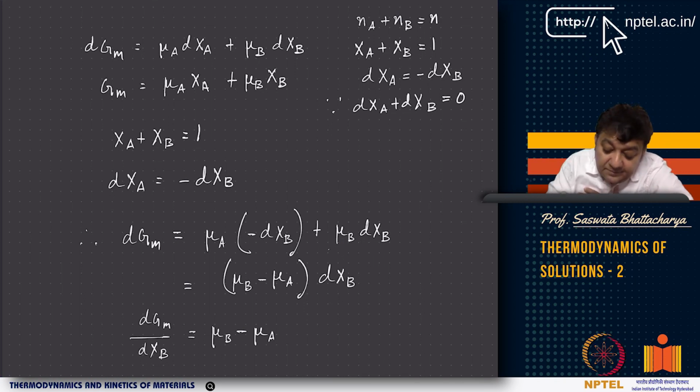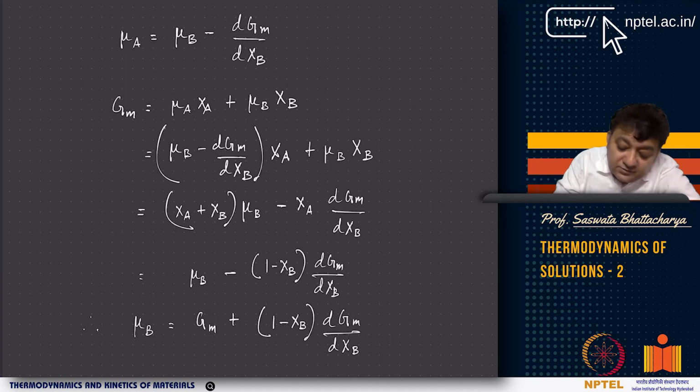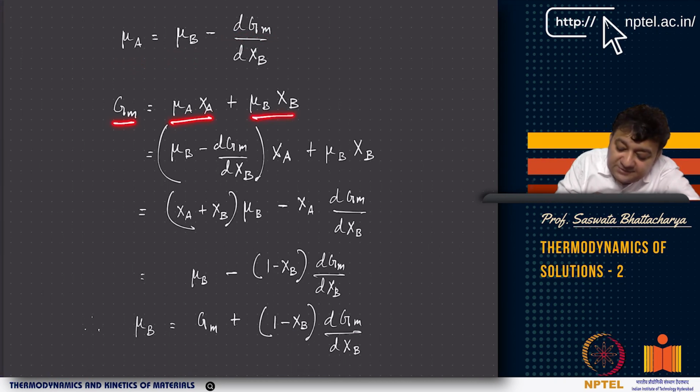So what I have done is, dGM is mu A dXA plus mu B dXB, and we know dXA equals minus dXB, so I put minus dXB here. This becomes mu B minus mu A into dXB. So dGM by dXB is nothing but mu B minus mu A. So mu A is mu B minus dGM by dXB, and GM is mu A XA plus mu B XB.